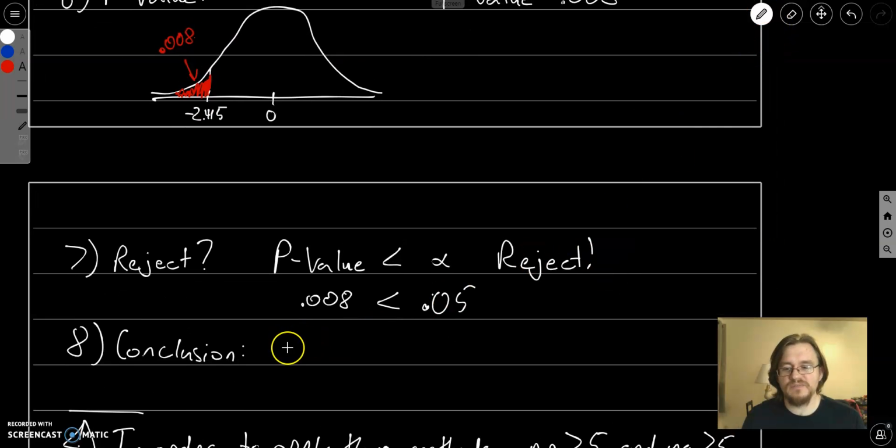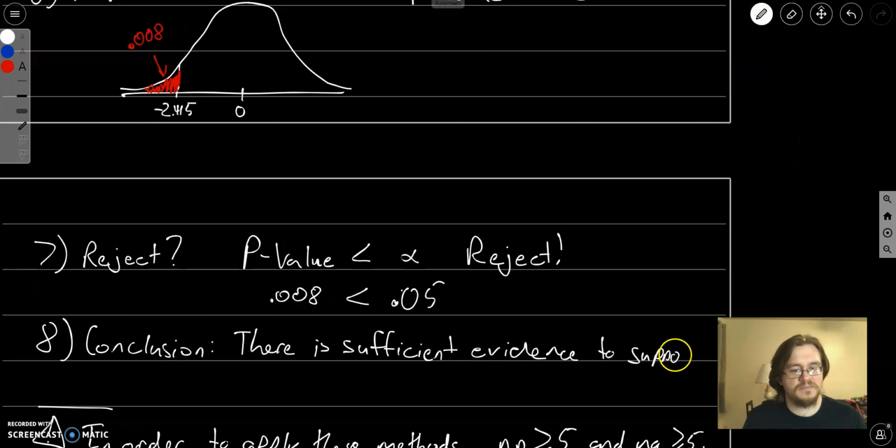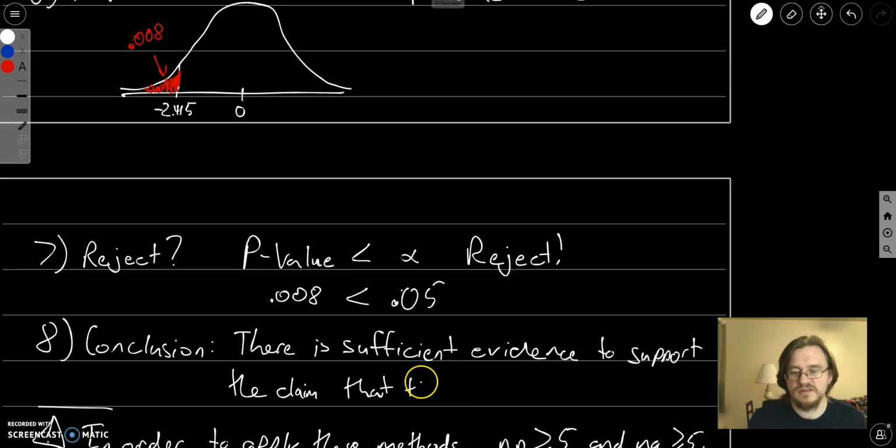So our conclusion is that there is sufficient evidence to support the claim that the proportion of sleepwalkers is less than 30%.